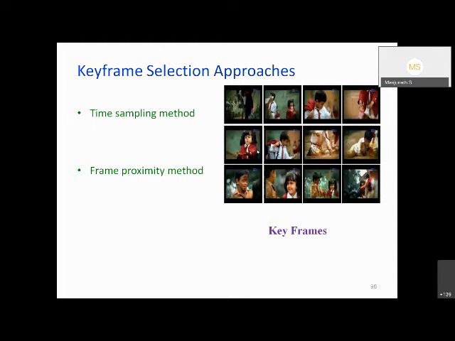Normally we use a time sampling method or a frame proximity method. Time sampling means for each interval of time we select frames and extract them as keyframes. Frame proximity means we study the relationship between frames: extract the features and study whether they are the same or not. For a set of frames, if it is changing, then we can identify a keyframe.